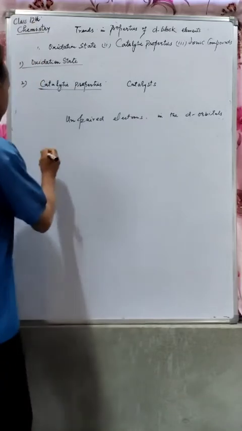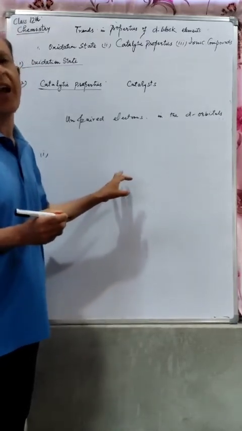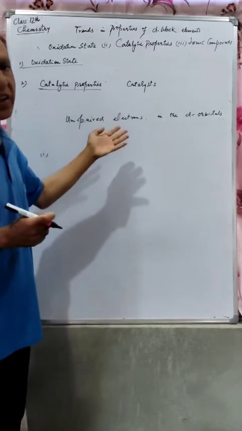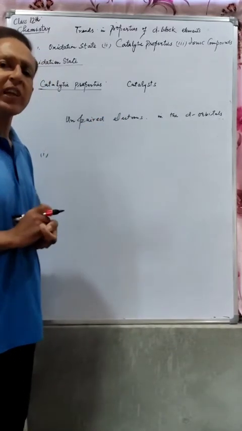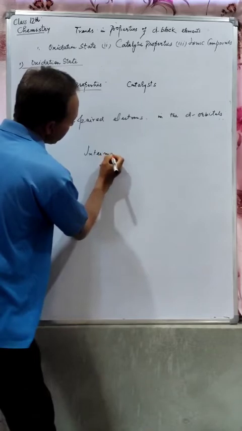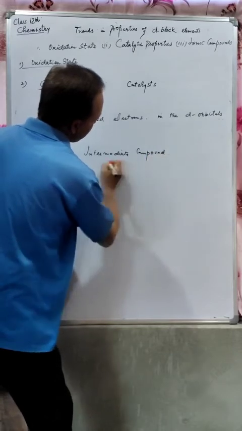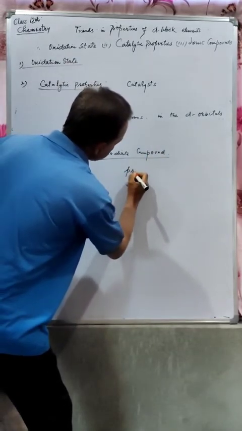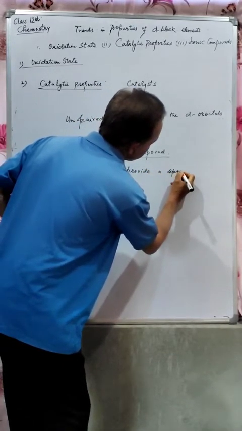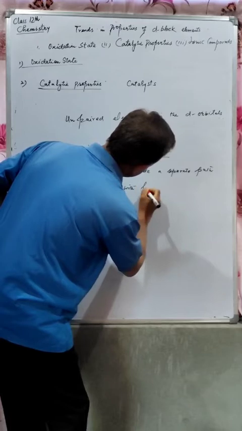This is one reason. The second reason is that the transition elements or their compounds react with one of the reactants and form an intermediate compound, which provides a separate path with lower activation energy.